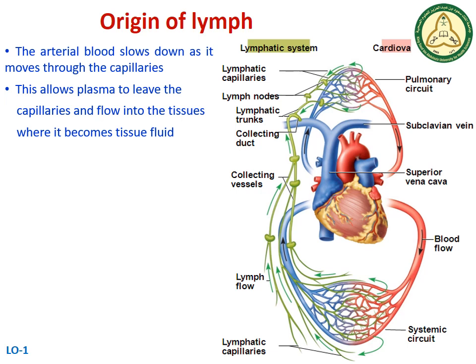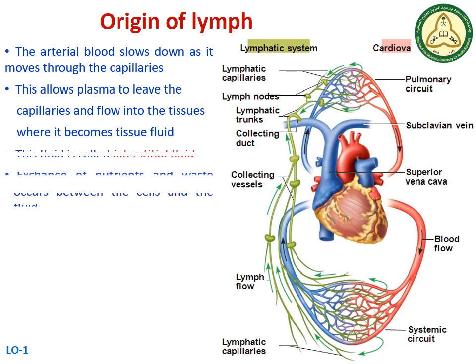Here in the slide, this allows plasma to leave the capillaries and flow into the tissues where it becomes tissue fluid, meaning the interstitial fluid. This is called the interstitial fluid, actually the space between two cells. That area is called the interstitial space, and there are fluids over there.